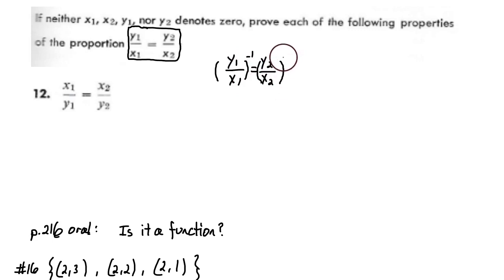Remember, as long as you do the same thing to both sides of an equation, it's legitimate. By raising something to a -1 exponent, you take the reciprocals. So we have demonstrated that you can create this proportion out of the original proportion.